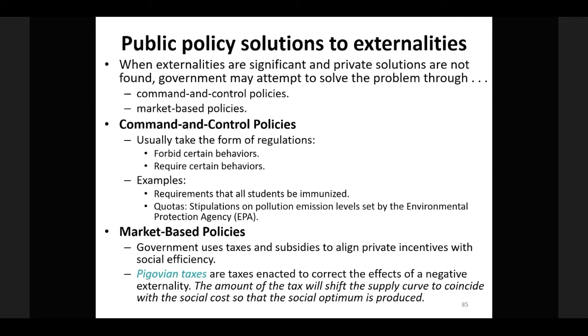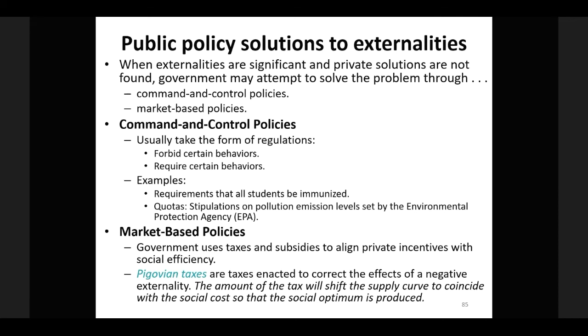But we can also do the market-based policies, as I've explained to you while I was looking through those diagrams. The market-based approach can require that government provides some per unit tax or per unit subsidies so that this can resolve the externality. And this per unit tax or per unit subsidy is what we call Pigouvian taxes or Pigouvian subsidies.